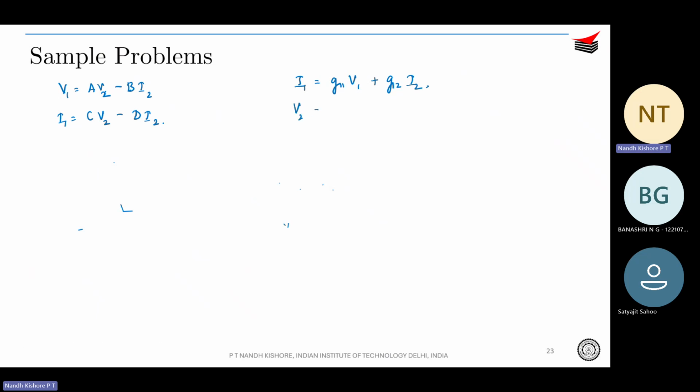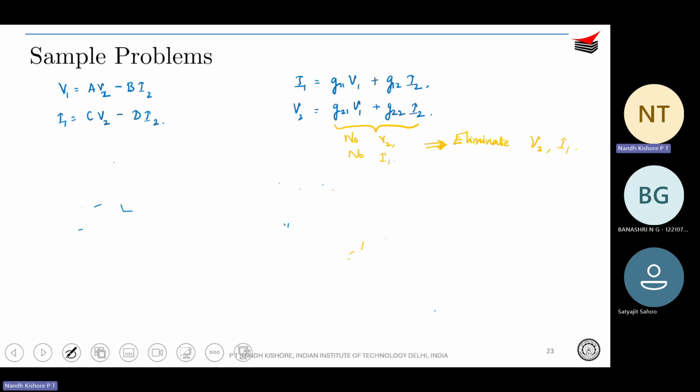And similarly, we have V2 is equal to G21 V1 plus G22 I2, right? So see over here that on the right hand side, there is no V2, no I1. So the first step you will take is to eliminate V2 and I1.